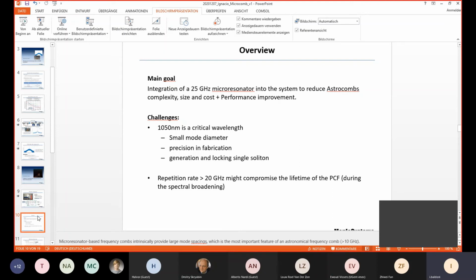Moreover, in the spectral broadening, we have to work with PCF, photonic crystal fibers, whose lifetime might be compromised due to the high repetition rate. The higher the repetition rate, the more power you need, and the PCF can degrade faster. So these are the challenges that we will have to overcome in this project.